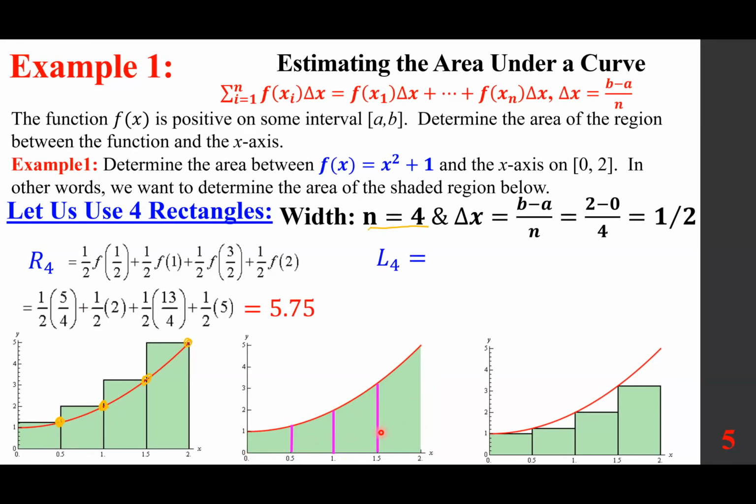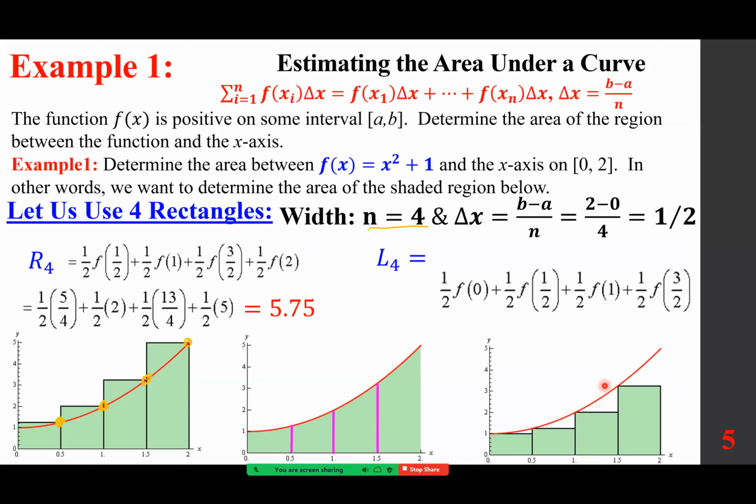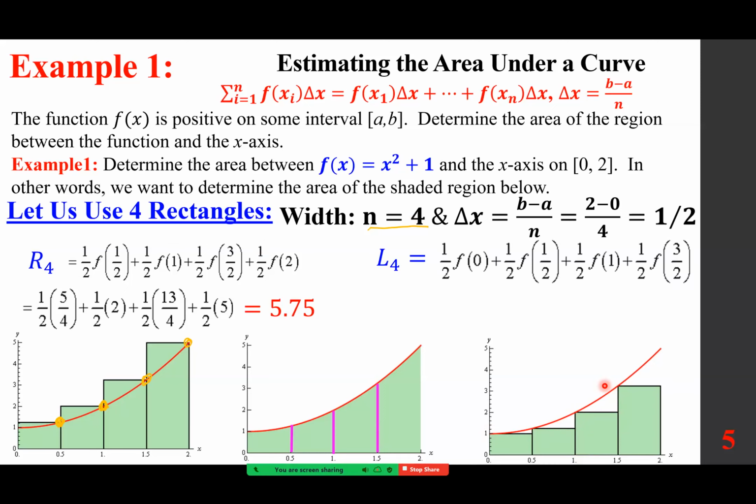And so, with that being the case, L sub 4, L for left endpoints, 4 because we chose n to be 4. So the same formula now, f of 0, f of 0.5, 1, 1.5, that's what we have. And notice this part is identical to this part, meaning it really makes the calculation easy.